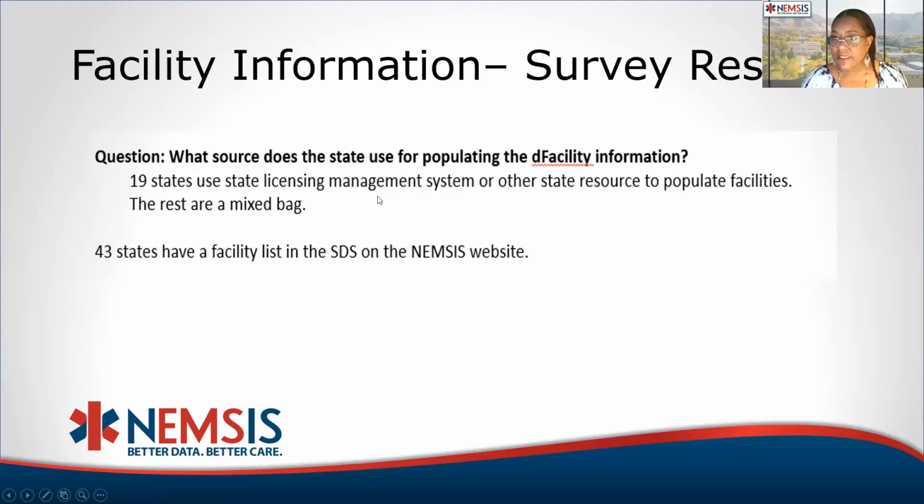Continue to use those lists, and that will help your vendors, because currently we have vendors that are making up codes and making up addresses, or they'll have one facility with 10 different addresses and 10 different spellings, and that's creating some problems for your internal reports. Then other states have a mixed bag of processes for getting their information. So the best source would probably be some official list that's coming from other agencies within your state.